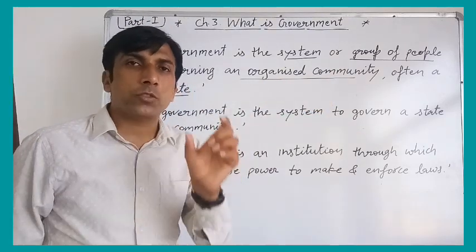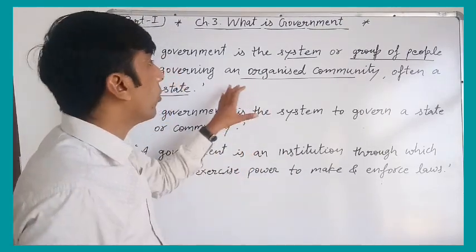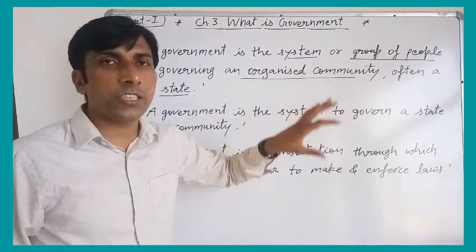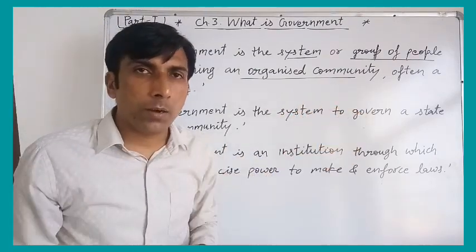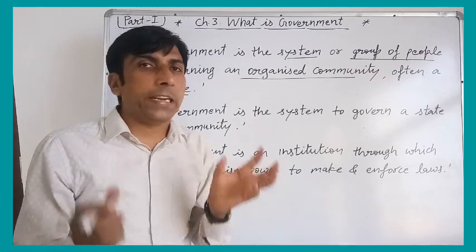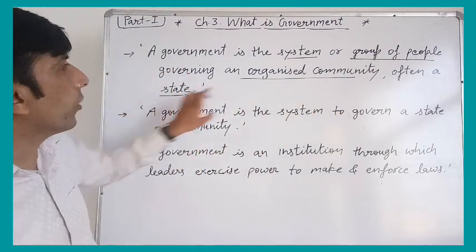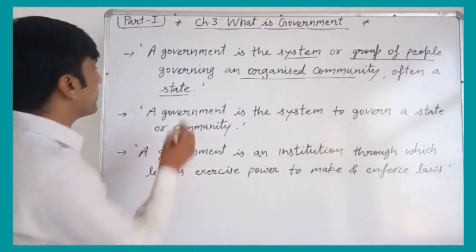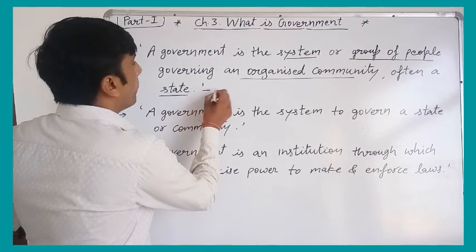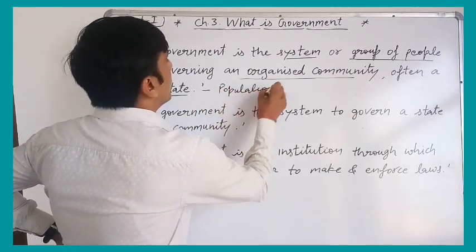Government always governs a community, especially an organized community. What is an organized community? The community which has several particular features and is in organized form. Often a state. State is an organized community, because state is having its own population, right?